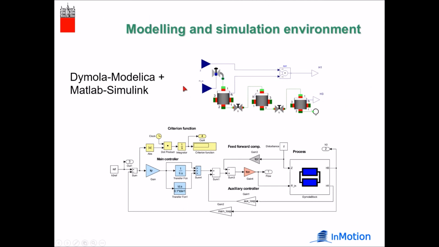In our experiment, we shall not deal with Dymola Modelica environment, but it is very convenient to realize the physical part of this plant. This is the hydraulic plant, the plant which consists of 3 tanks, to realize it in Dymola Modelica environment.